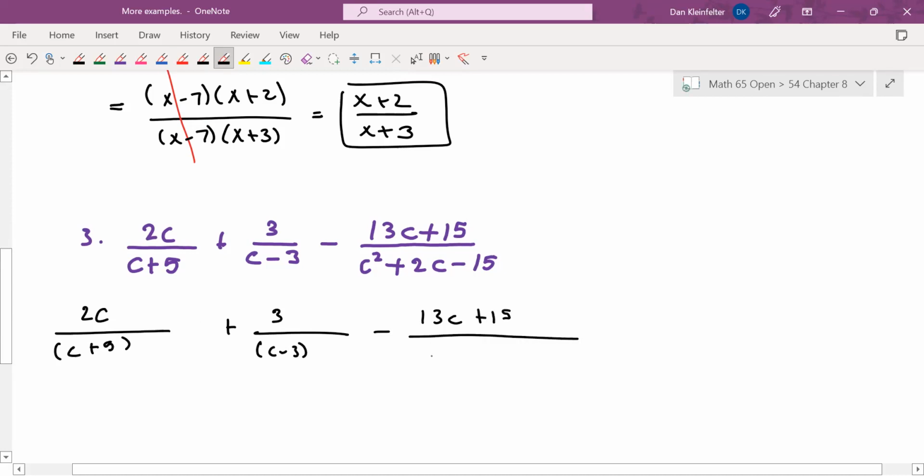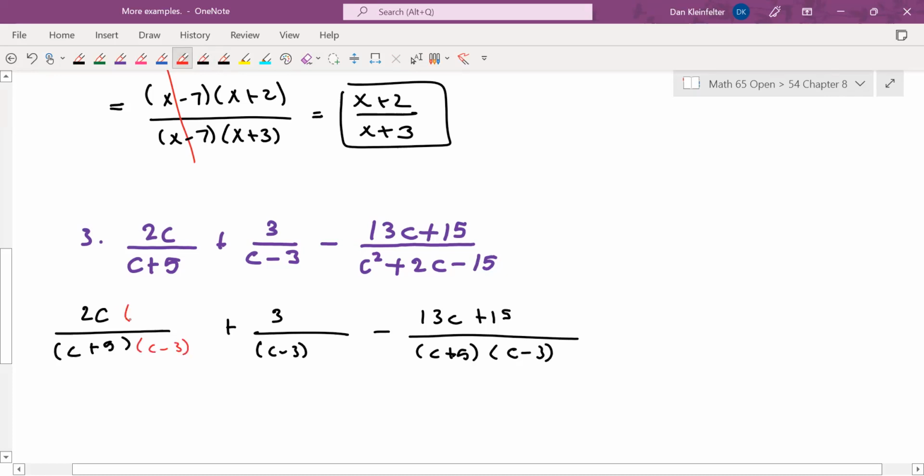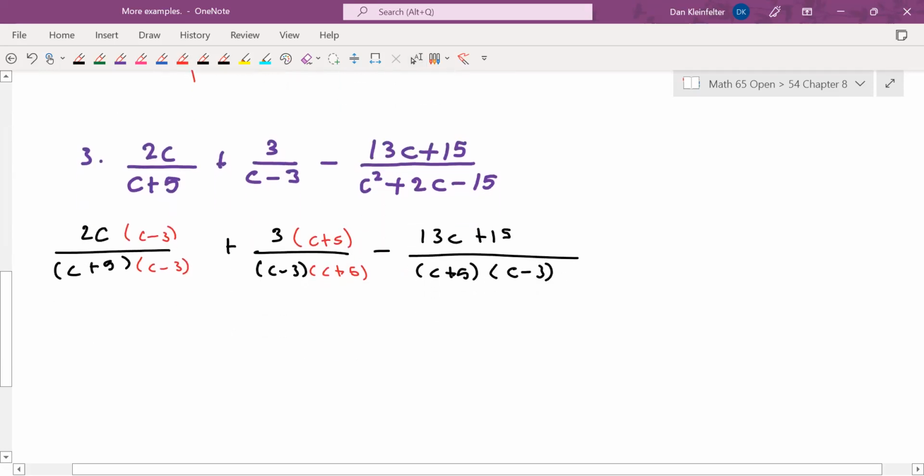Down below we'll have c plus 5, c minus 3. So it looks like our common denominator is going to be c plus 5, c minus 3. So as before, we'll be inserting those missing factors in the first 2 fractions. And the third fraction doesn't need anything.